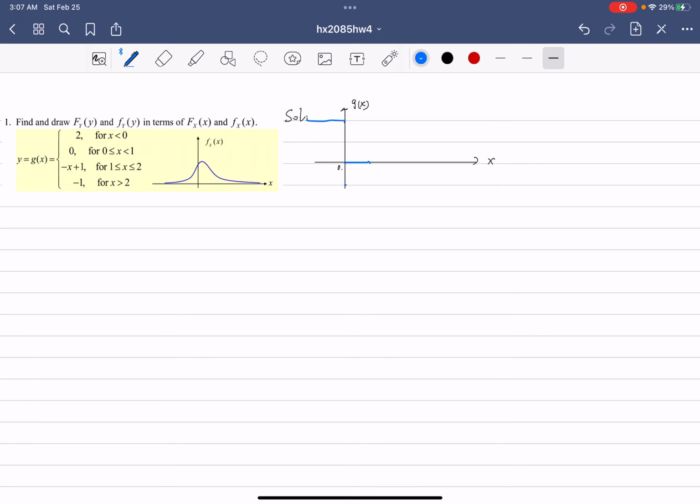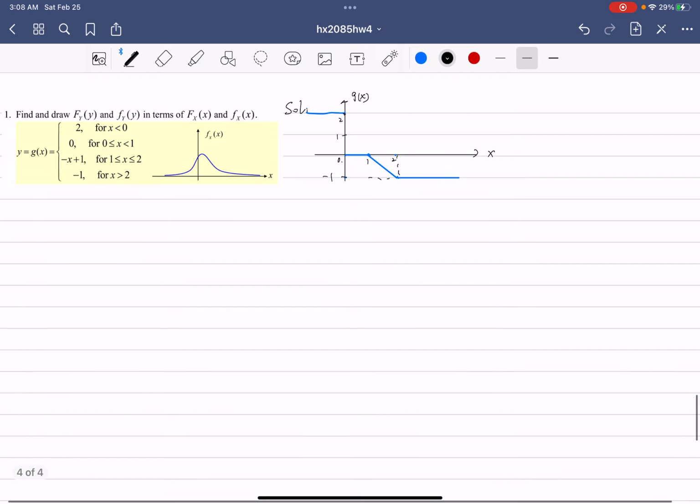For x in the range of 1 to 2, g(x) equals negative x plus 1. And when x is larger than 2, g(x) equals negative 1. Okay, that's the plot of g(x).